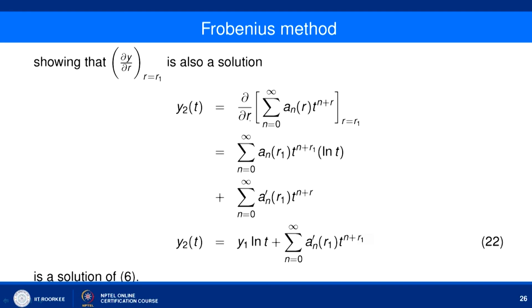So simplify this expression. What you will get, n equal to 0 to infinity. Now an is also depending on r. So when you differentiate this, you will get an(r1) t^(n+r1) ln t.